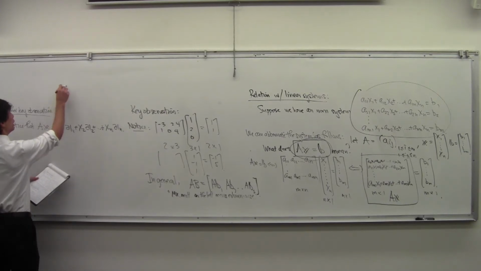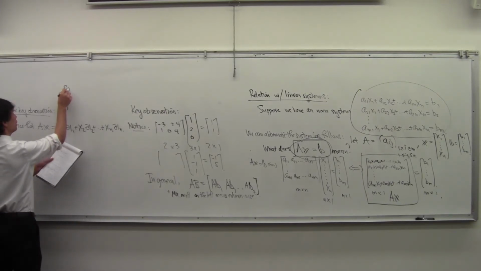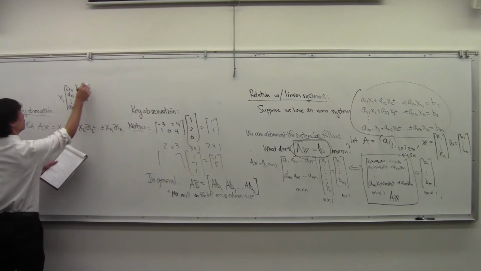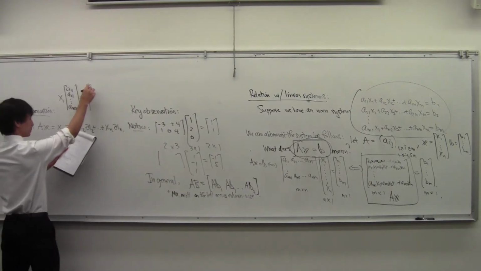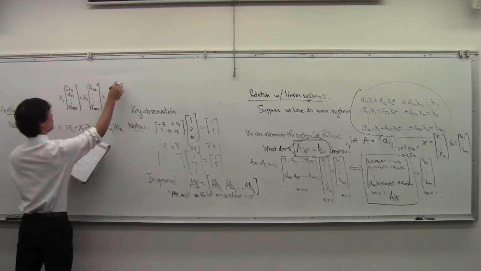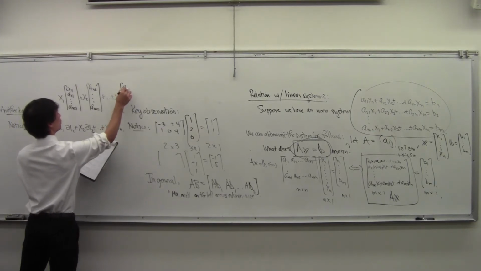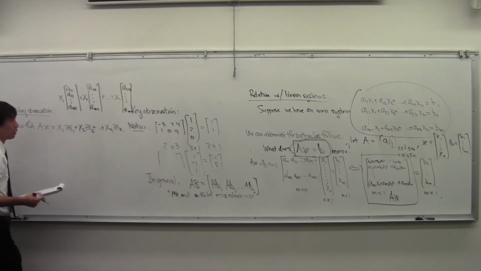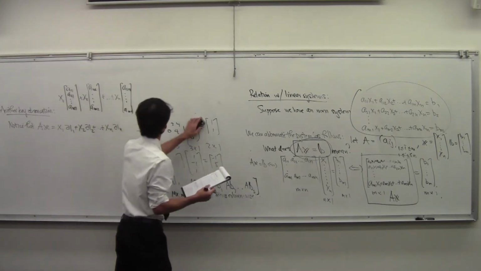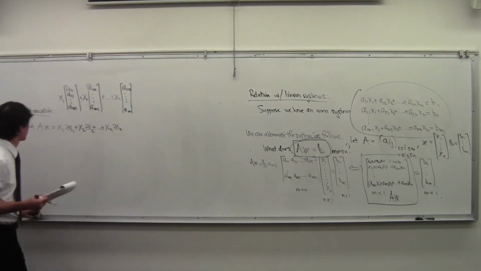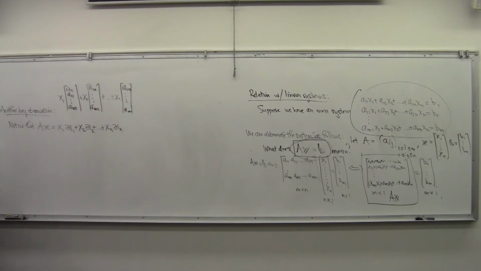It's x1 times the first column, a11, a21, through am1, plus x2 times the second column, a12 down to am2, plus xn times the nth column, a1n through amn.